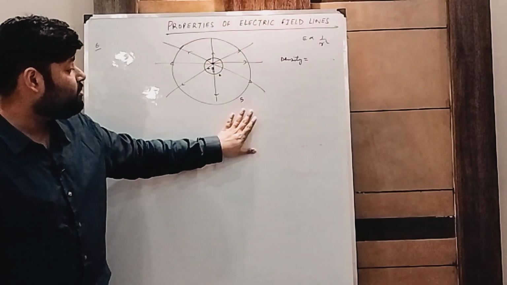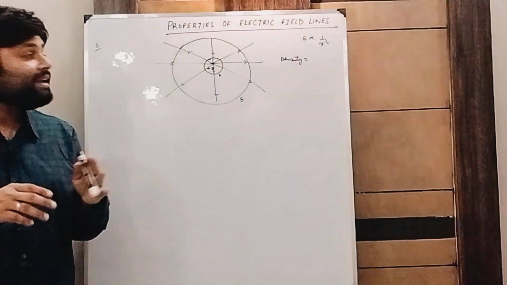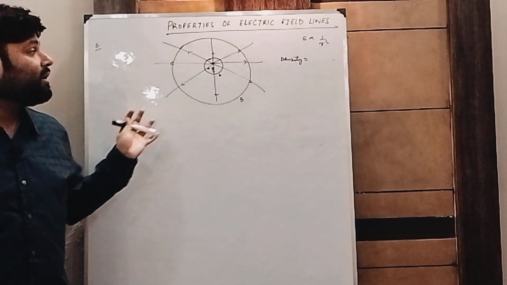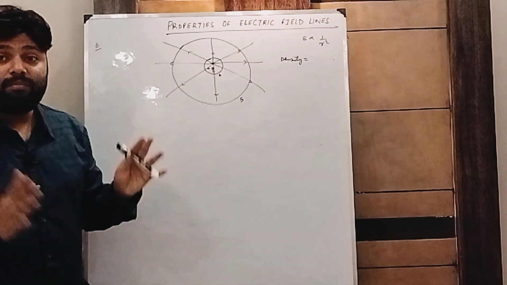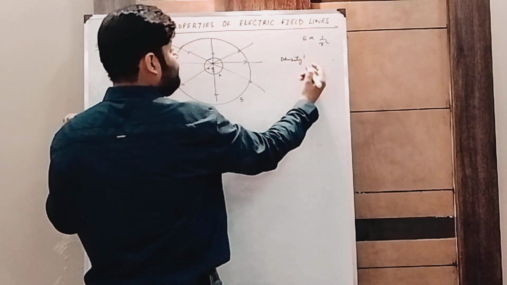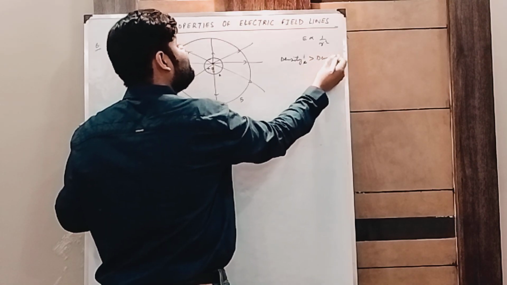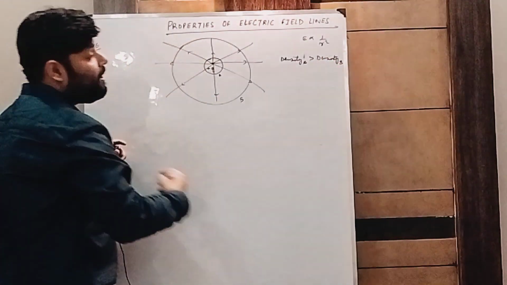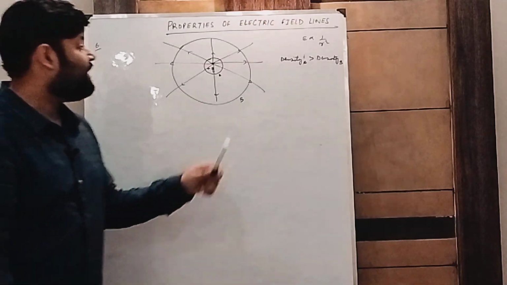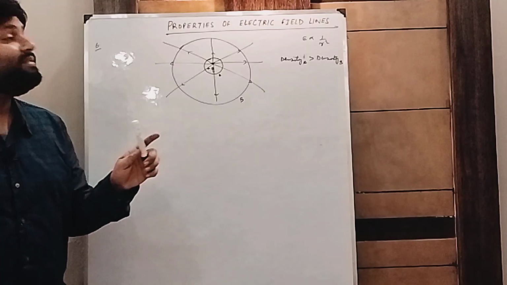Because the surface area of B is larger, on the surface of B we'll see that electric field lines are farther away, and electric field lines at A will be closer to each other. Hence, the density at A will be greater than density of electric field lines at B. I hope I am making my point clear that electric field density is directly proportional to electric field intensity.